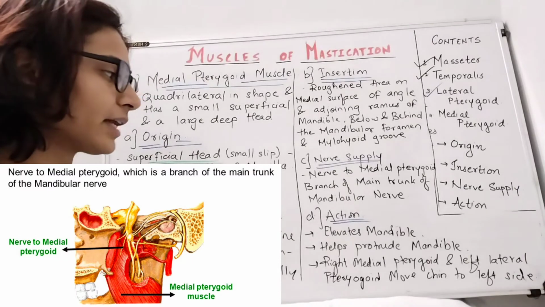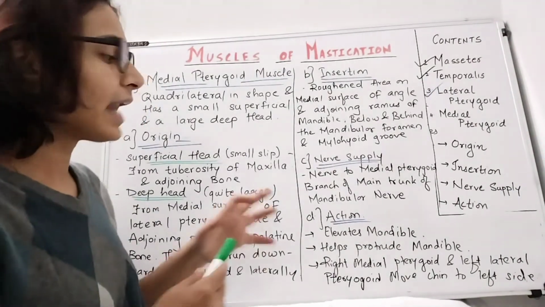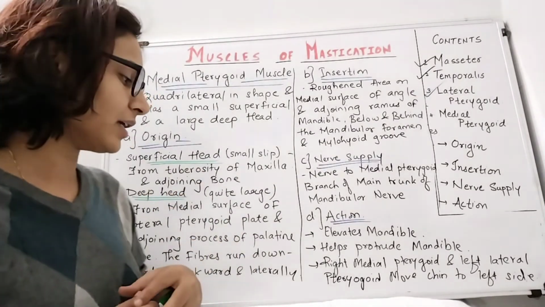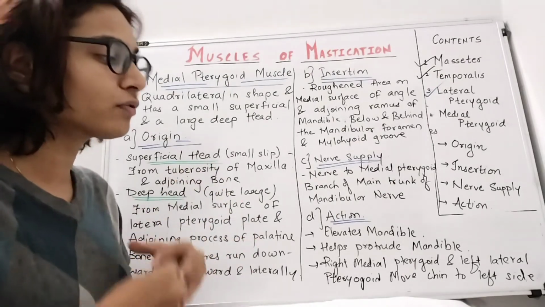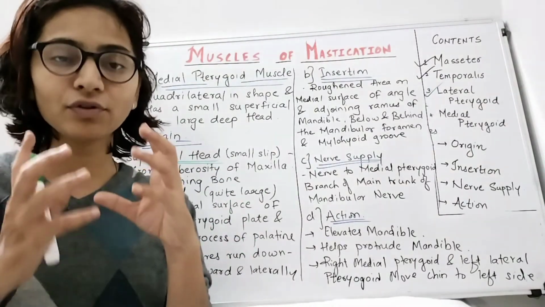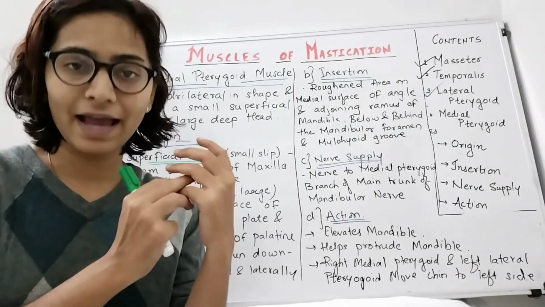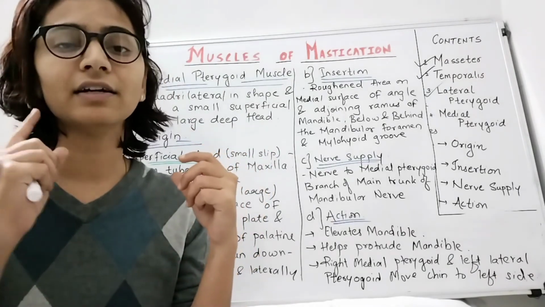Nerve to the medial pterygoid, branch of main trunk of mandibular nerve. And action. It elevates the mandible, helps to protrude the mandible, and the right medial pterygoid and left lateral pterygoid move the chin to left side. If I have to move my mandible to the left side, there are two muscles that get activated, that is right medial pterygoid and left lateral pterygoid.